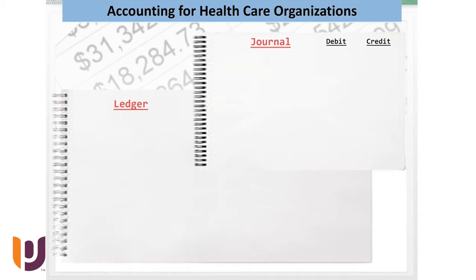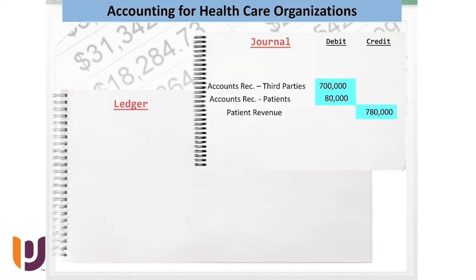Here is the journal entry to record this transaction. Accounts receivable, third parties, will be debited for $700,000. Accounts receivable, patients, will be debited for $80,000. Patient service revenue will be credited for $780,000.